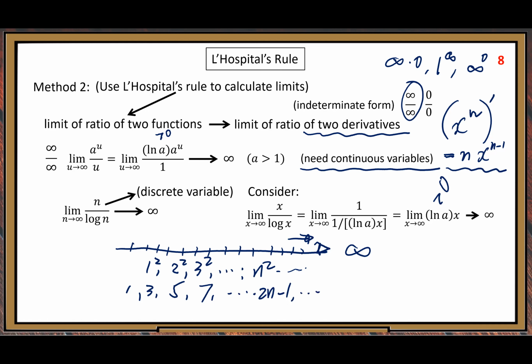Can we take even numbers 2, 4, 6, 2n? All legal, right? Then how about a special discrete set of values, 1, 2, 3, up to n? When we take this sequence, we recover the original question. It goes to infinity; we just take special x values.